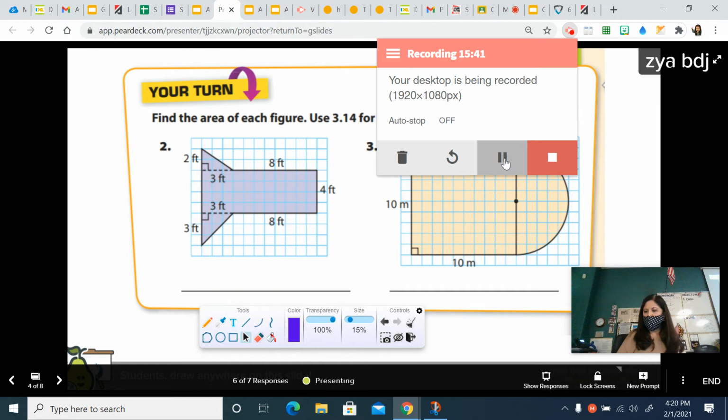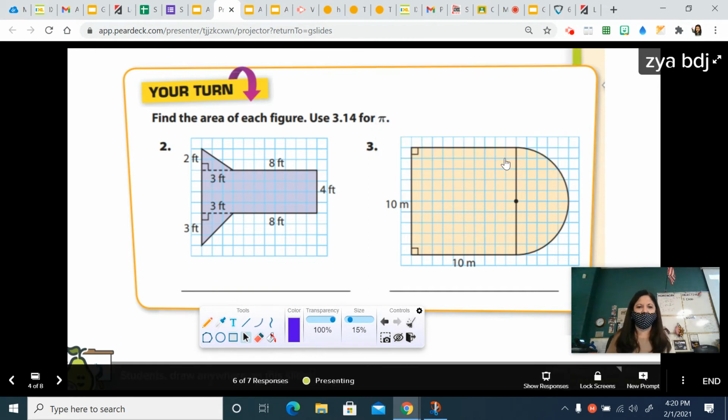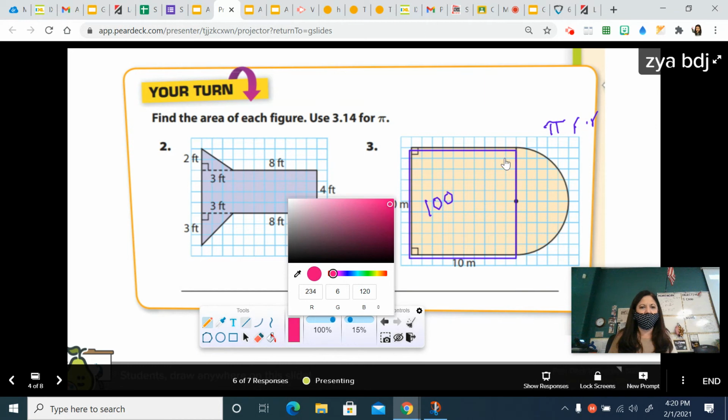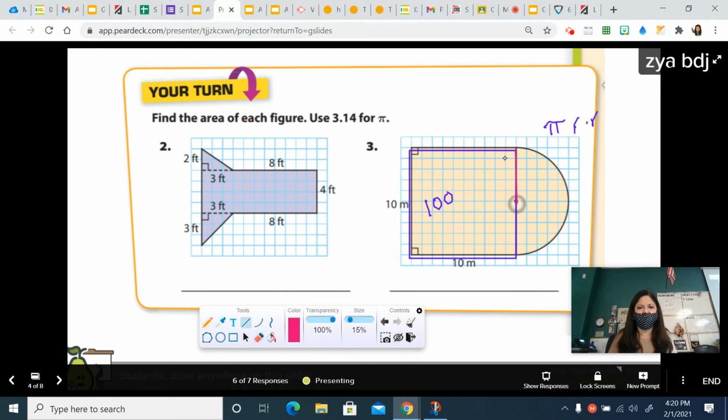Sit down. So we should have taken our square right here and done 10 times 10. This would have given us 100. Then for this one, we should have done pi times r times r. Where am I going to get r from? Well, I have to get it from half of the diameter.